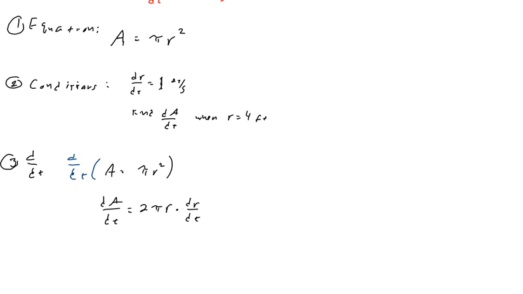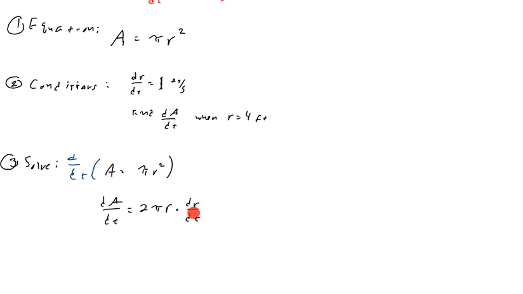So maybe I can call this, oopsies, maybe I can call this derivative or something. I'm doing the derivative with respect to time. We do the derivative d/dt, so we get dA/dt, the derivative of area with respect to time, equals 2 pi r, and then the derivative of r, dr/dt, implicitly.